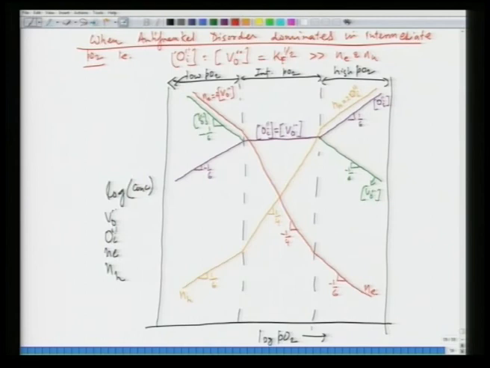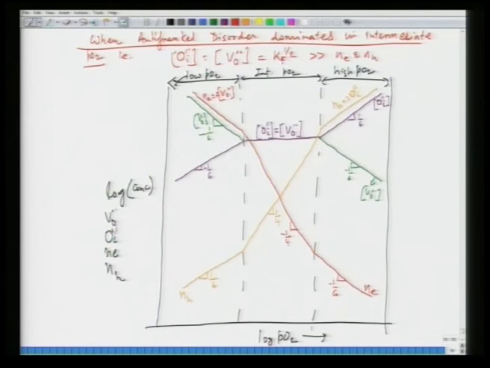So, you can see here that when Frenkel disorders dominate, OI is much larger than VO in the high pressure region, and VO is much larger than OI in the low pressure region. They come closer towards each other as we move towards the intermediate pressures, and in the intermediate PO2s you have the condition OI is equal to VO, and NE and NH are given by their equality to OI or VO.